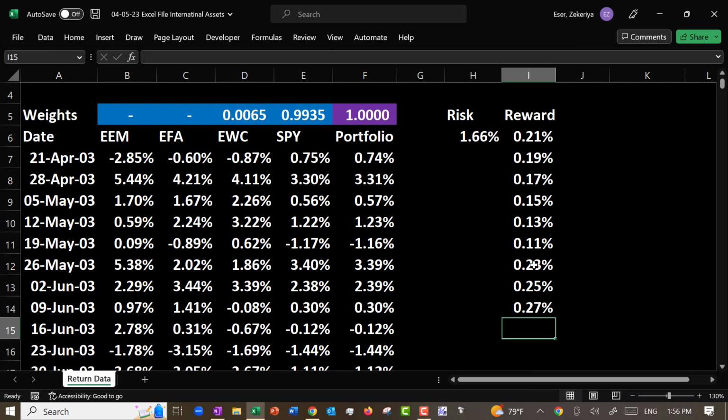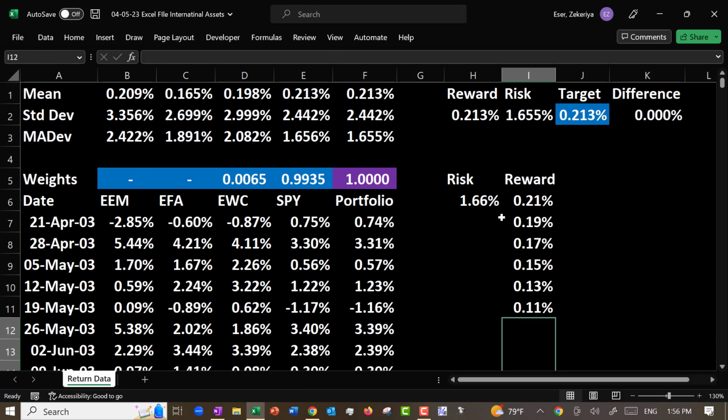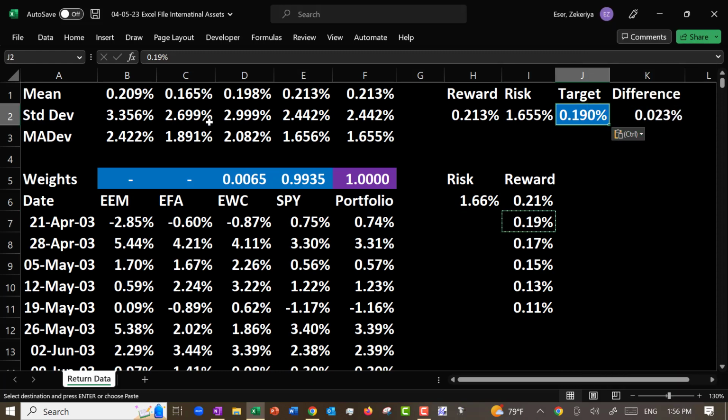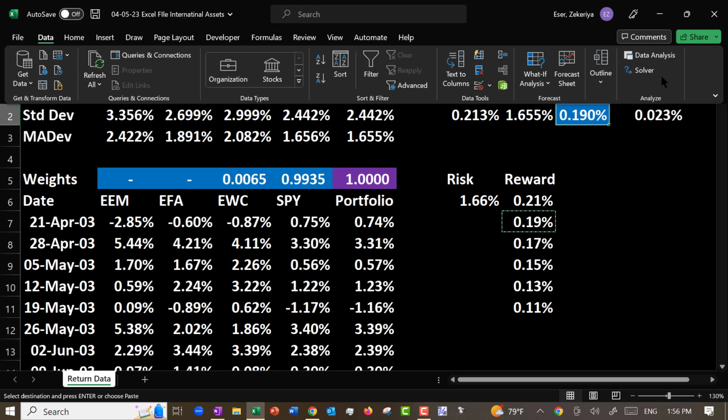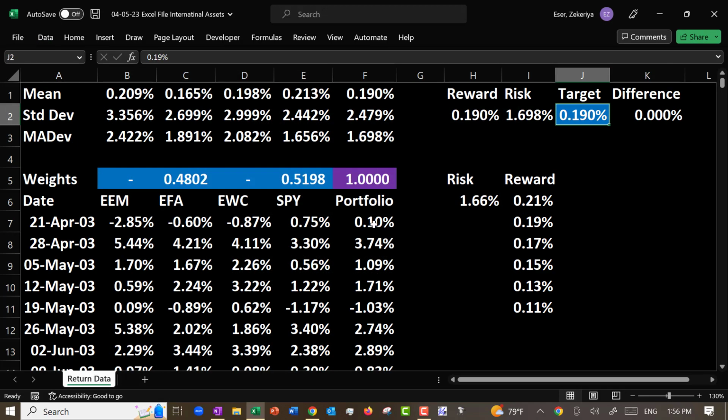So for this one, I'm not going to worry about it. For portfolios that need to earn 0.19%, the minimized risk is much higher, much lower, I'm sorry.